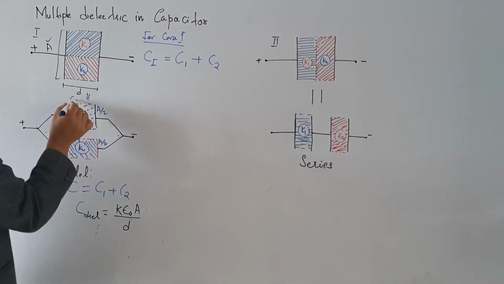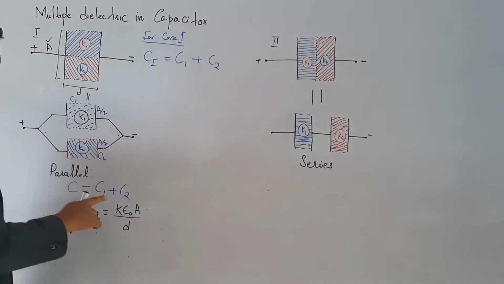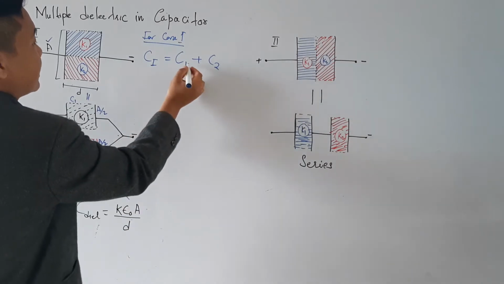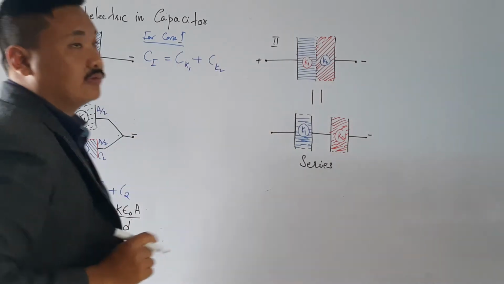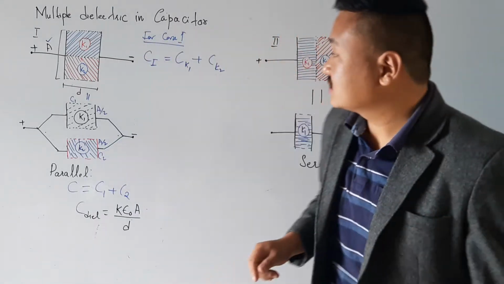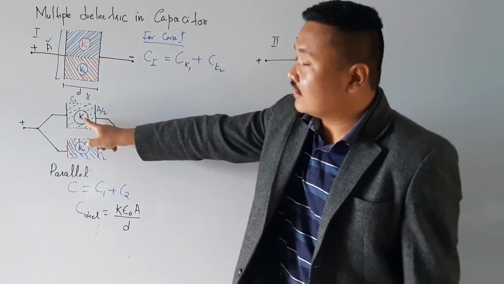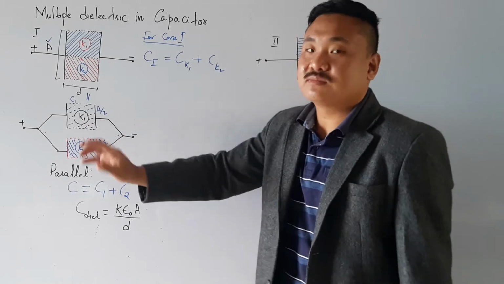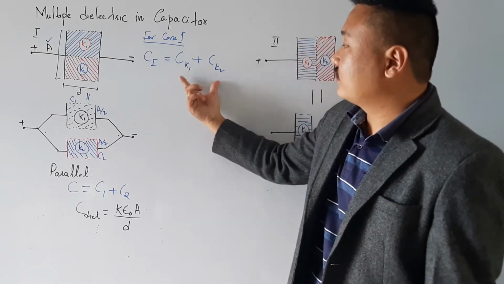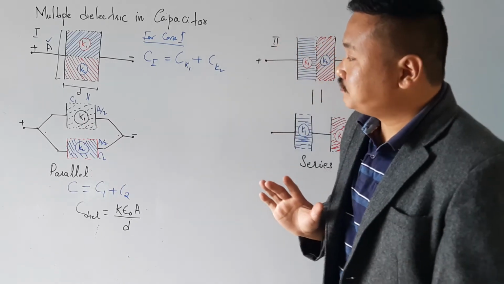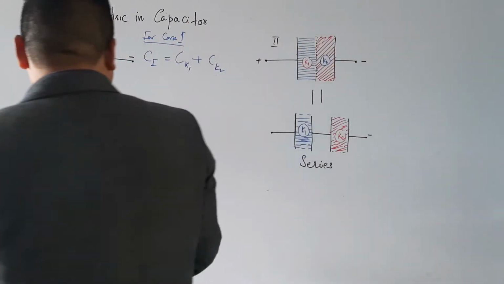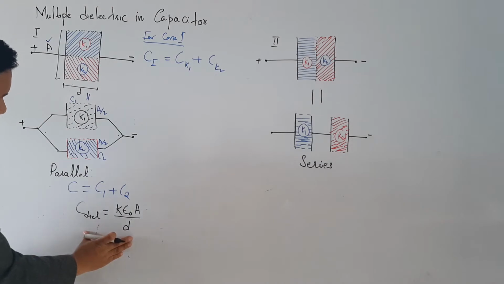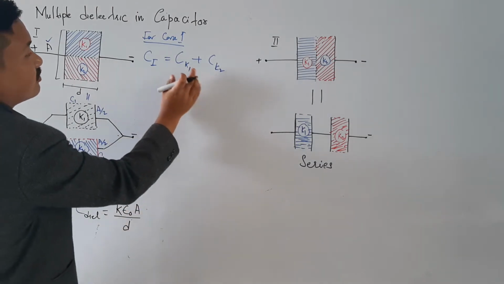So this is my C1 and this is my C2, but I will write this as K1 and this as K2, because here is my K1 dielectric and there is my K2 dielectric. So from this I will find the net capacitance in this form. How to find this? Using this one. Let me first find CK1.